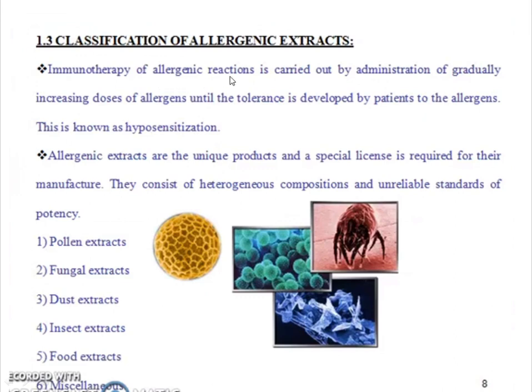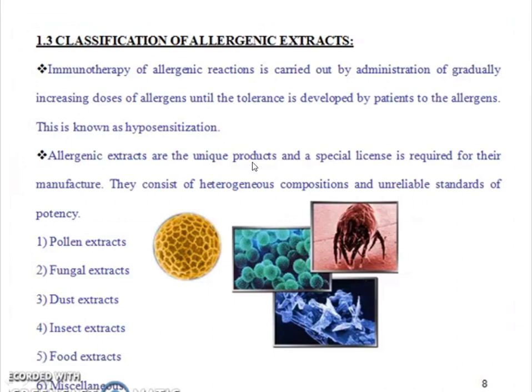Immunotherapy of the allergic reaction is carried out by administration of gradually increasing doses of allergens until tolerance to the allergens is developed by the patient. This is known as hyposensitization. By gradually increasing the dose of the allergen, this immunotherapy is done to the patients. This process is known as hyposensitization.